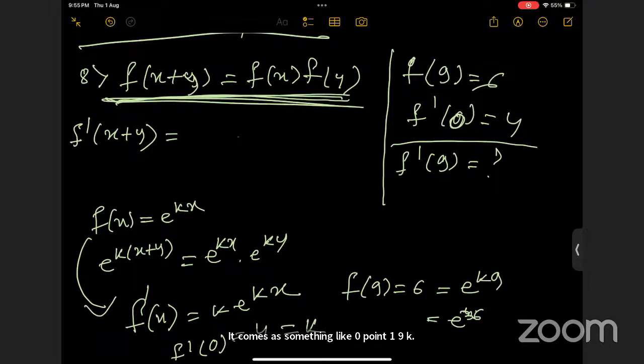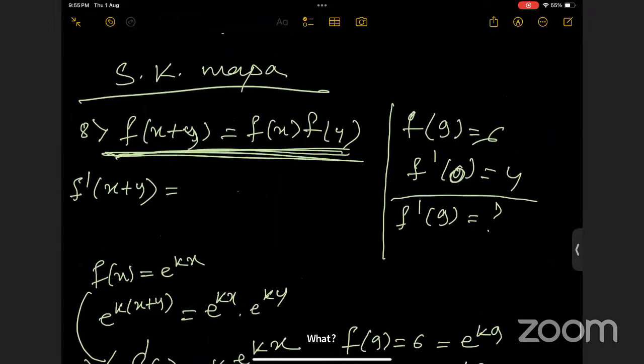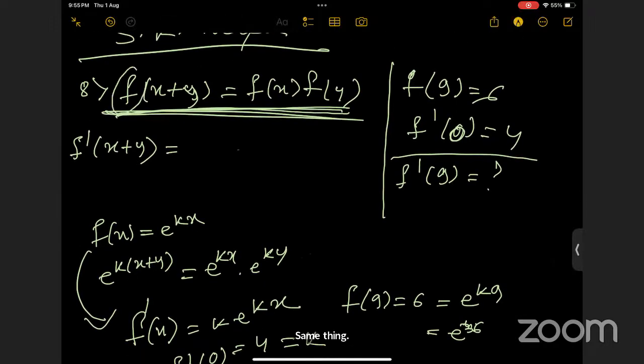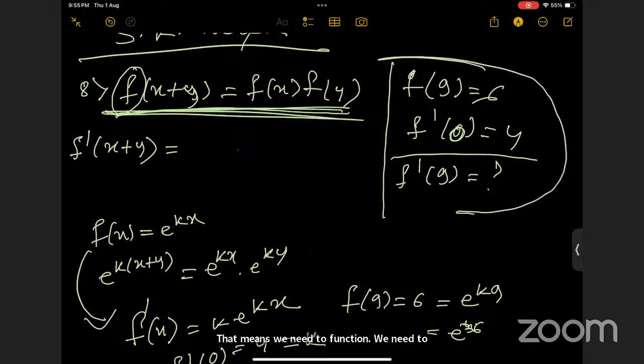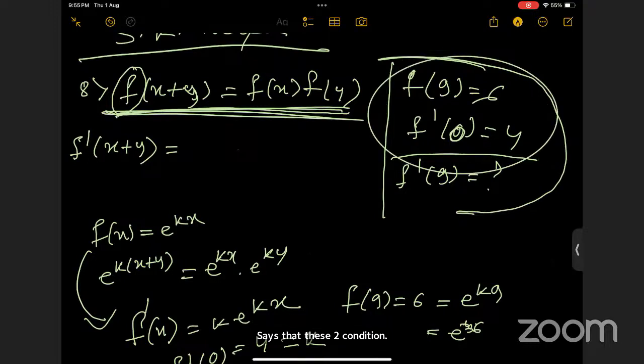No. What I'm saying is the initial conditions given cannot be satisfied for this. These are the initial conditions given here, right? That means we need to choose the function in such a way that it satisfies these two conditions. It is not satisfying this condition.